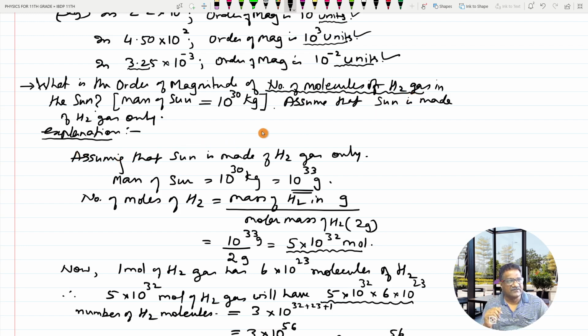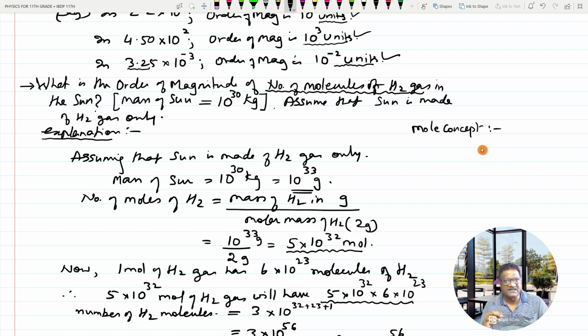Now, in this particular question, you should have a little knowledge of mole concept. Everybody must have studied this in your 10th grade. In IGCSE in the 10th grade, you have studied this mole concept in chemistry, I suppose, right?